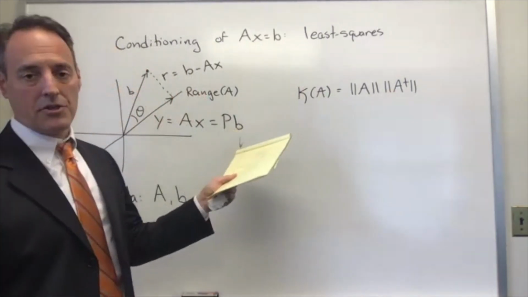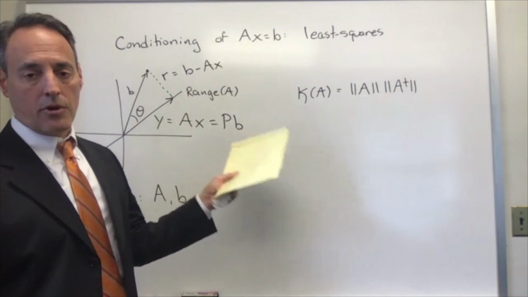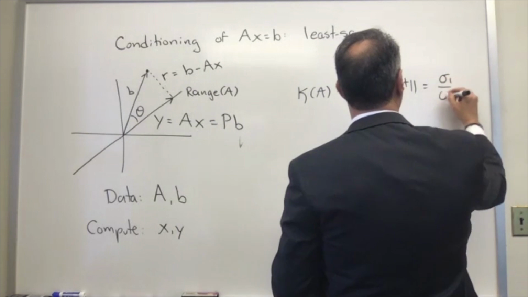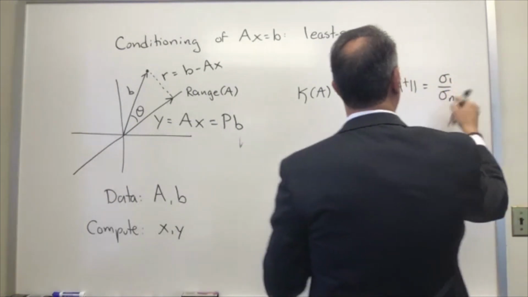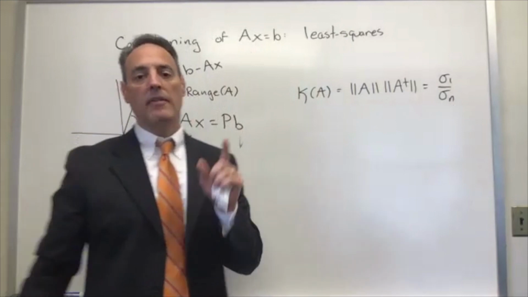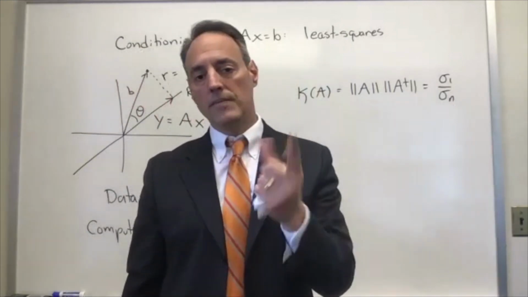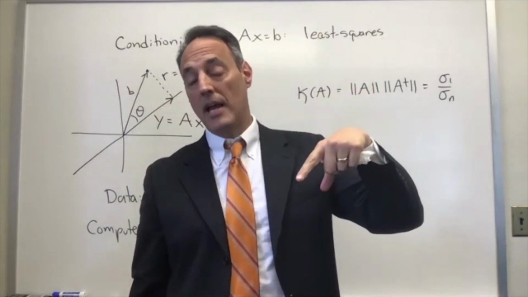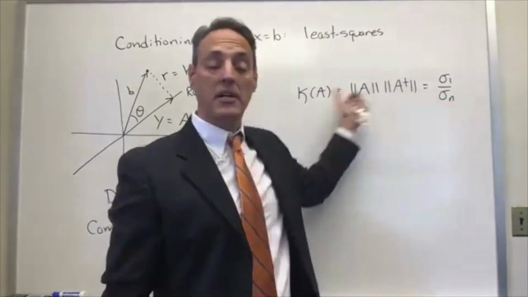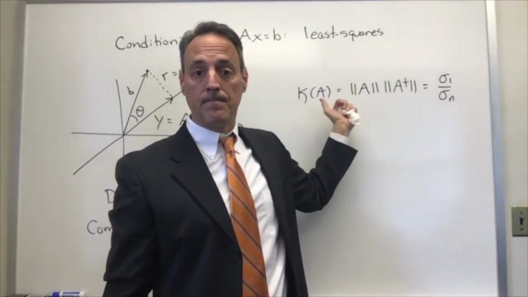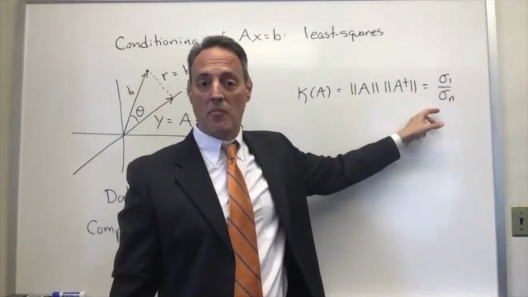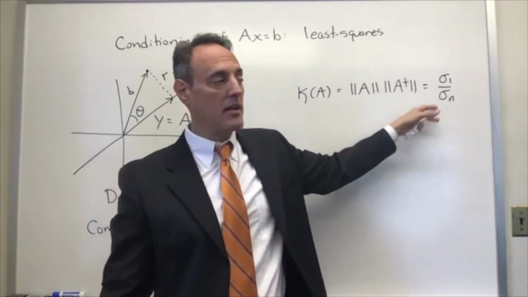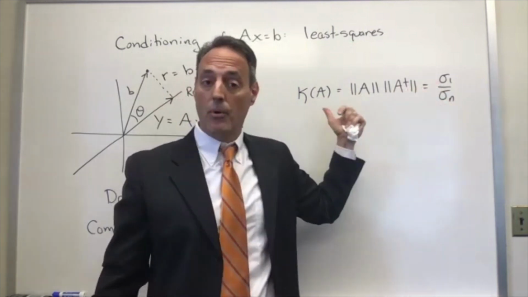And that is the definition of the condition number for an overdetermined system, which, by the way, simply comes down to the ratio of the singular values of the matrix A. So if you do an SVD on this matrix, you determine the biggest singular value, and then use sigma n, which is the smallest singular value. That's the condition number of that matrix. You get worried when this is really big, right? Like if this is 10 to the 10 and higher, 10 to the 10 to 10 to the 16, this is very poorly conditioned.